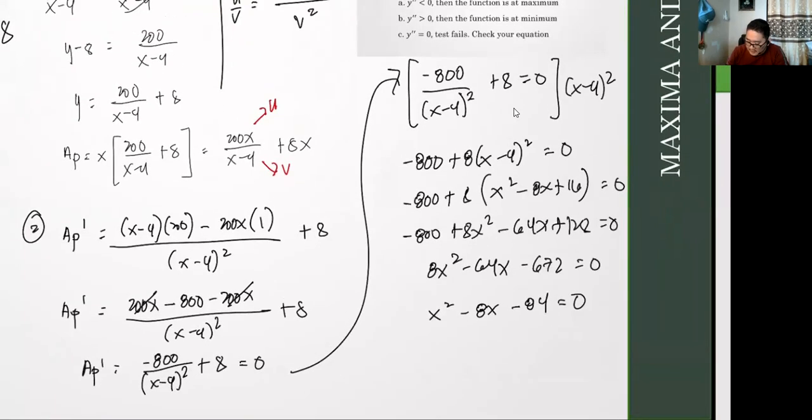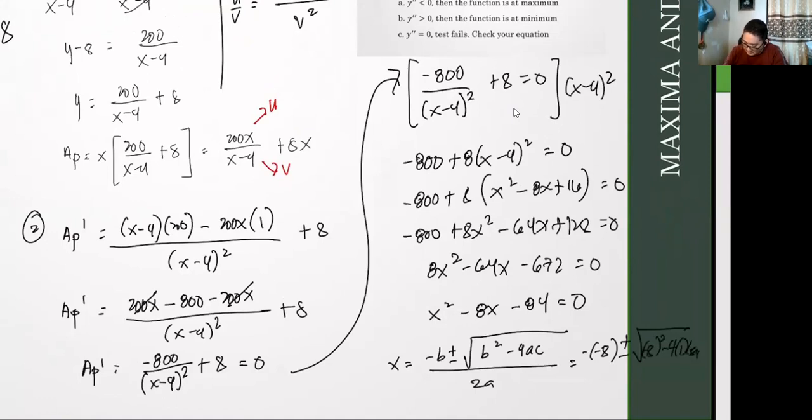Quadratic function natin, x equals to negative b plus minus square root of b squared minus 4ac over 2a. So, i-substitute natin. Negative negative 8 plus minus square root of negative 8 squared minus 4 times 1 times negative 84.